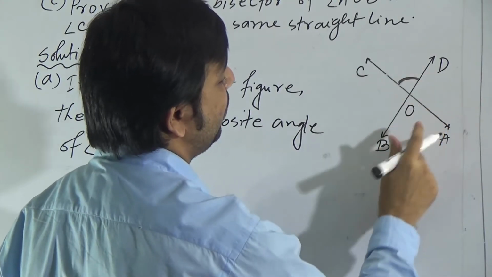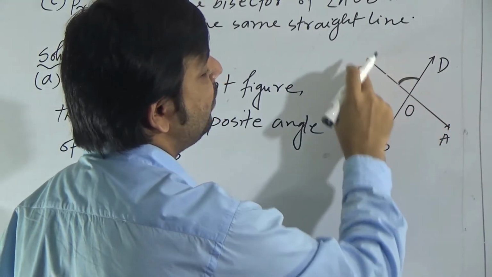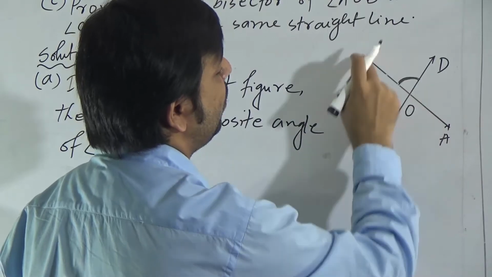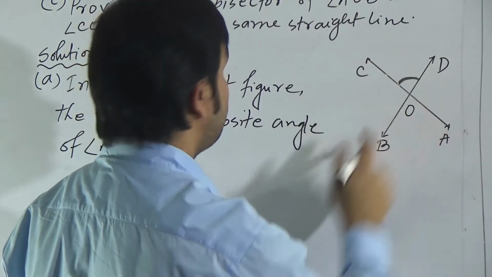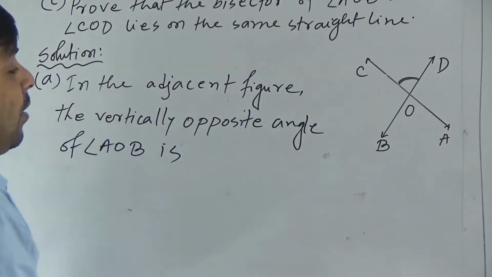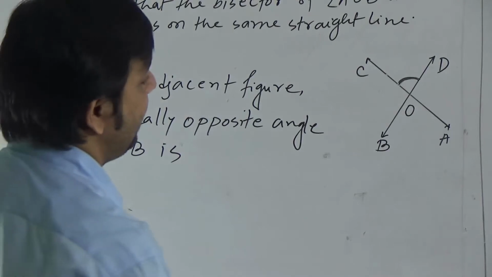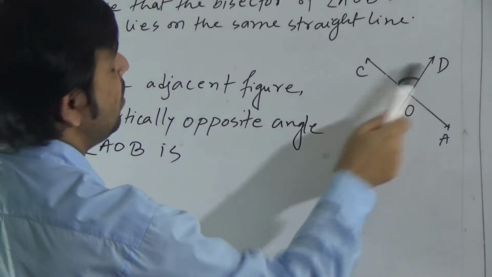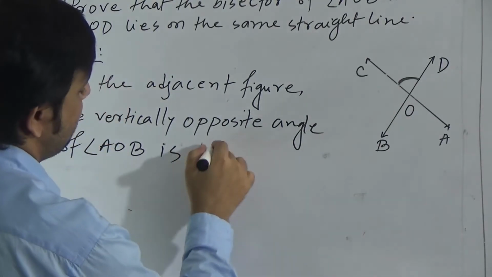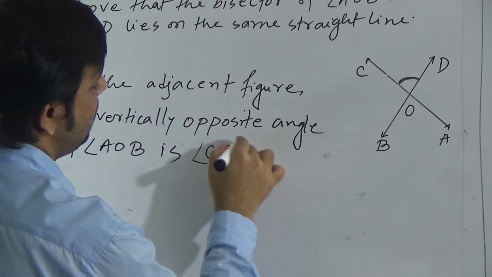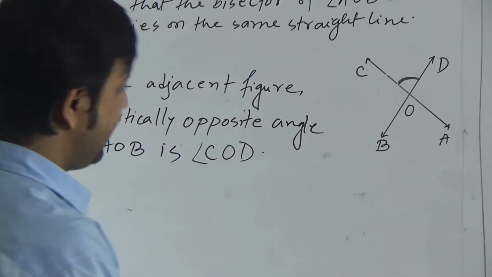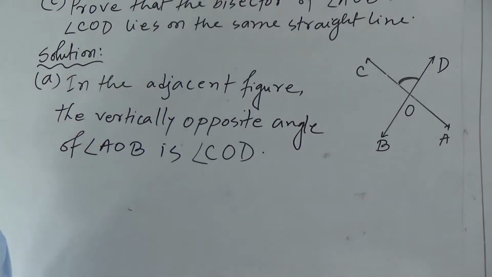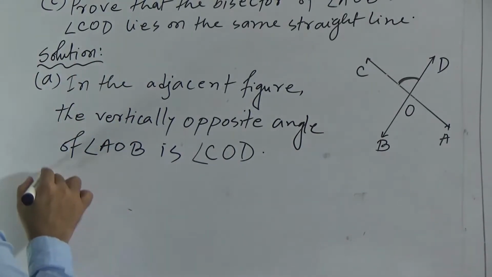This angle is known as the vertically opposite angle of AOB. So this angle is COD. So we can say vertically opposite angle of angle AOB is COD. So we can write here angle COD. This is our required answer for question A. Okay, dear students, now I will solve question B.